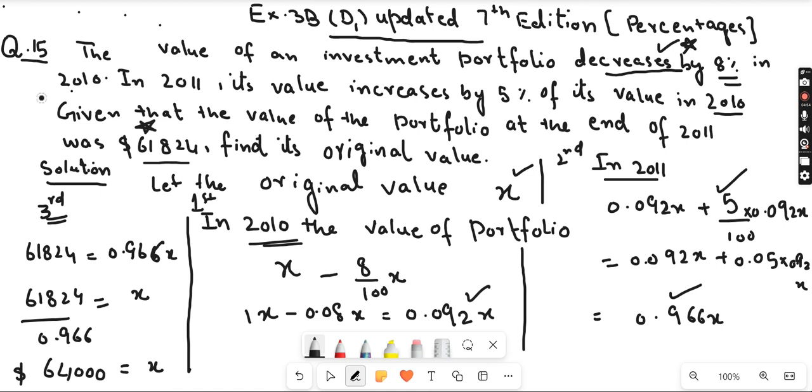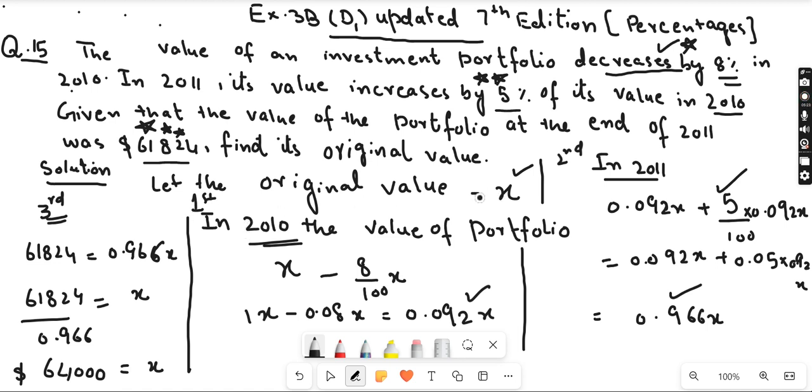We have to calculate its original value, and every time there is an increase or decrease in the previous value. So in 2010 it is given in the book, where I've marked it with the first star in the question, then with these two stars in the question. This is the given data in the question, and this is the third star in the question.